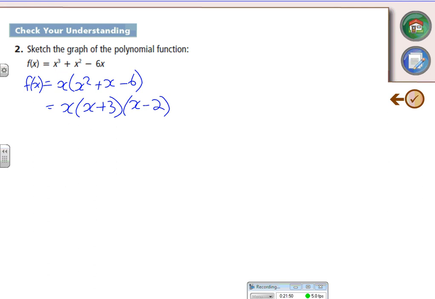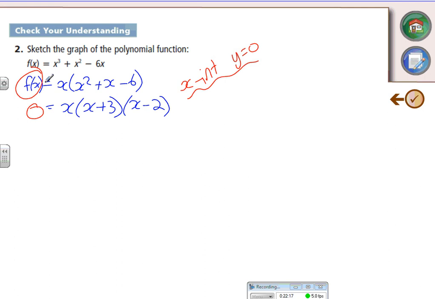The factors are x, x plus 3, x minus 2. Those are the factors. So the zeros are when we make this equal to 0. That's your x-intercepts. X-intercepts are when y equals 0. F of x, or f at x, is the same as the y. It's a fancy y.